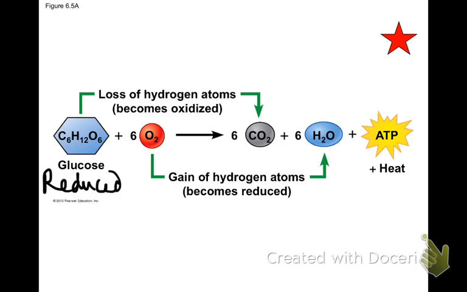So if I'm saying losing an electron, it means it is losing a proton along with it. That's what it means. So it loses all of these hydrogen atoms, and that makes it get converted into carbon dioxide, which is completely oxidized. So from being reduced it has become completely oxidized.